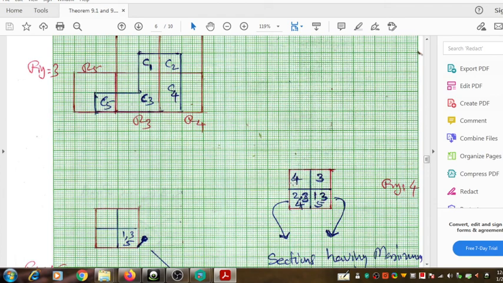Since n is 2, n plus 1 equals 3. So there must exist at least one point having intersection with at least 3 of the subsets. These 3 come from n plus 1, where n equals 2.